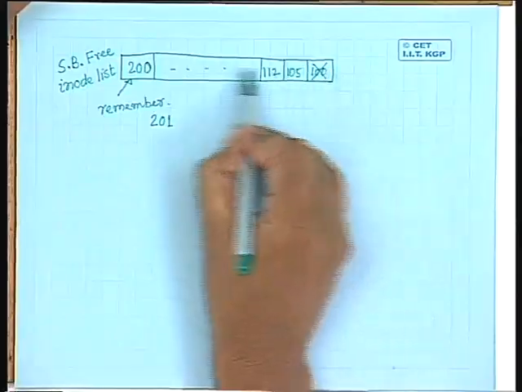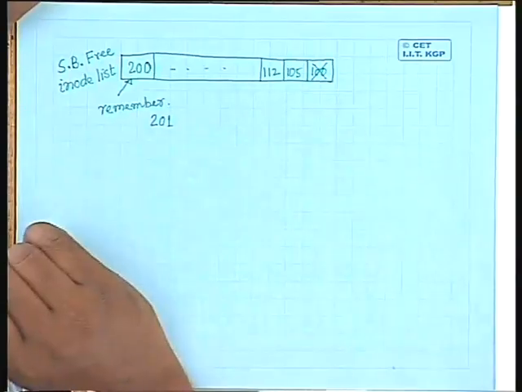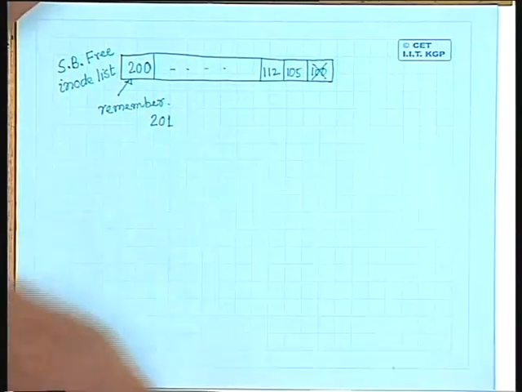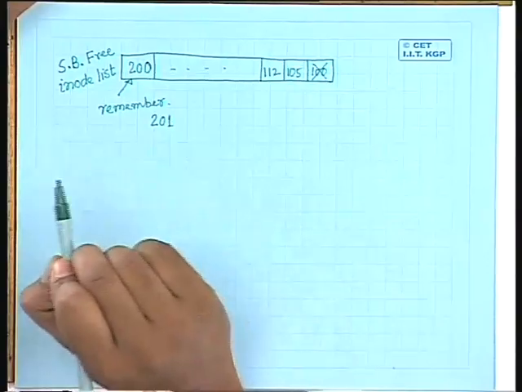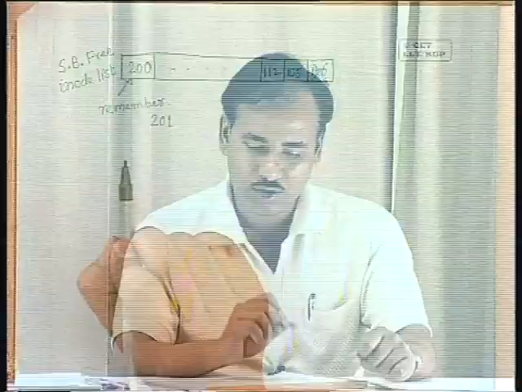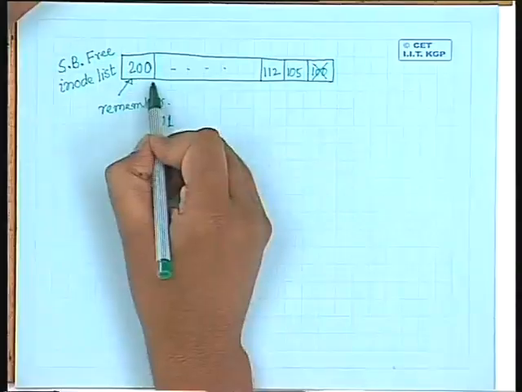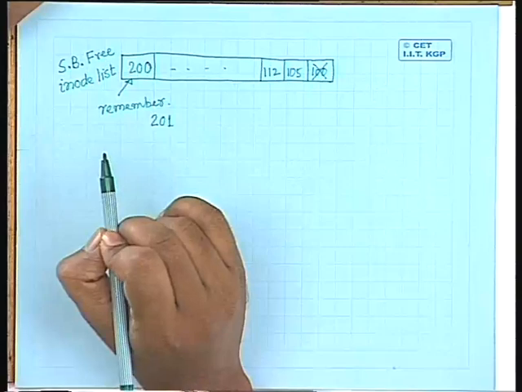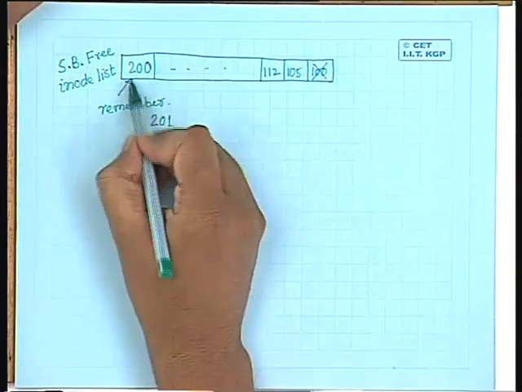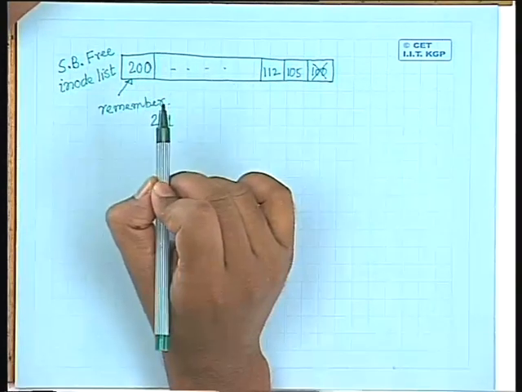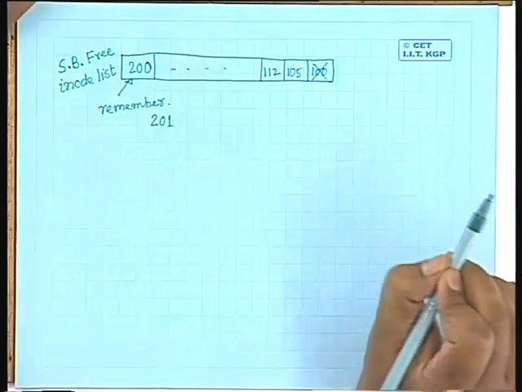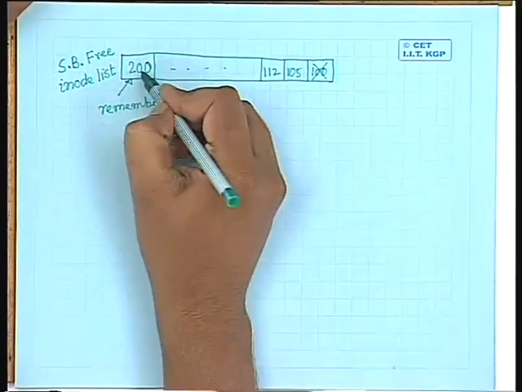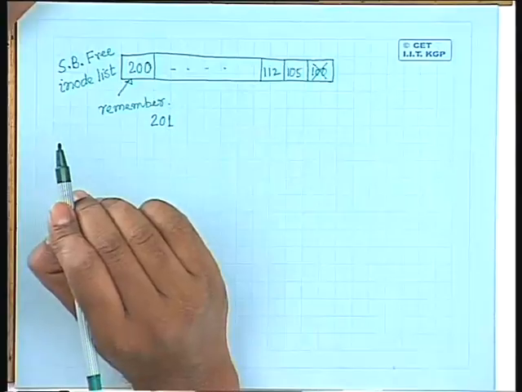If there is no empty space in the superblock free inode list, then what has to be done is, if you find that the inode number which is being unallocated is less than the remembered inode, because this remembered inode tells me from which point I have to search for new unallocated inodes, then you replace this remembered inode by this new inode number.